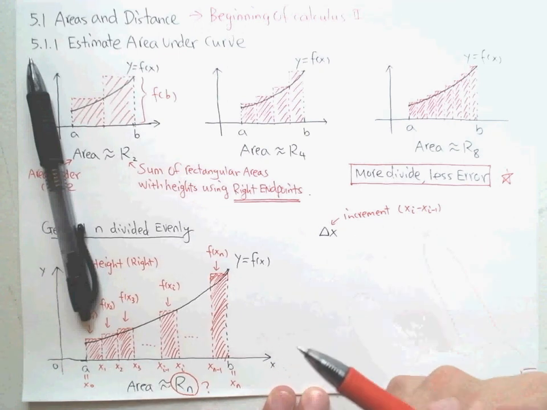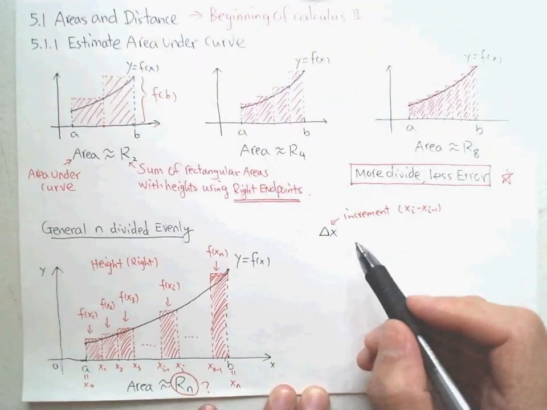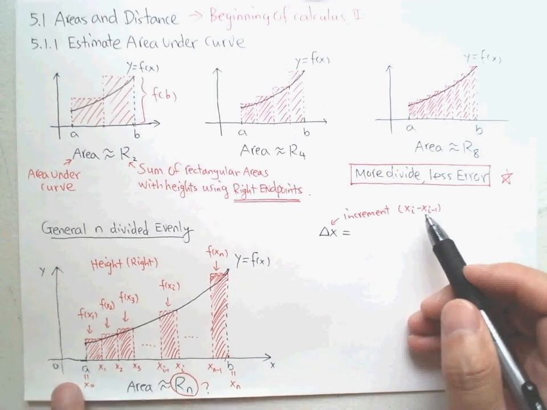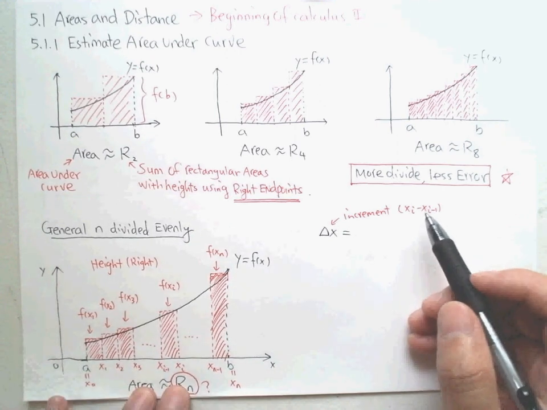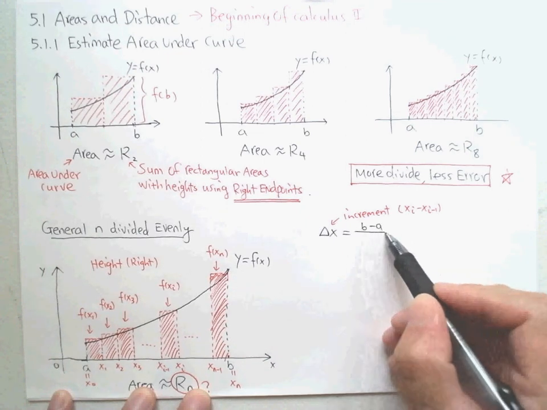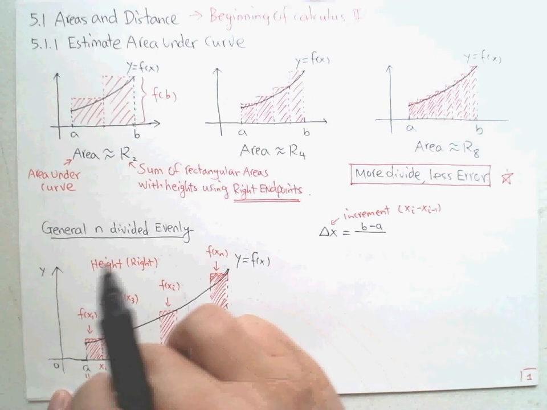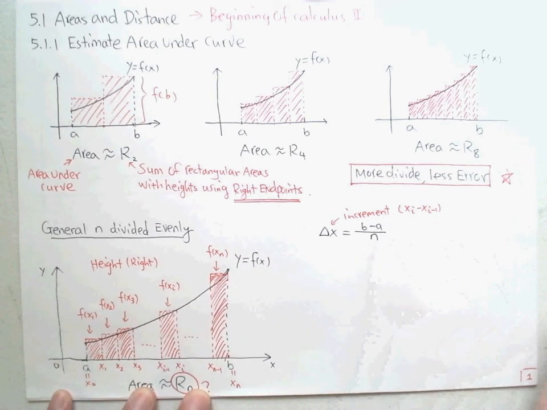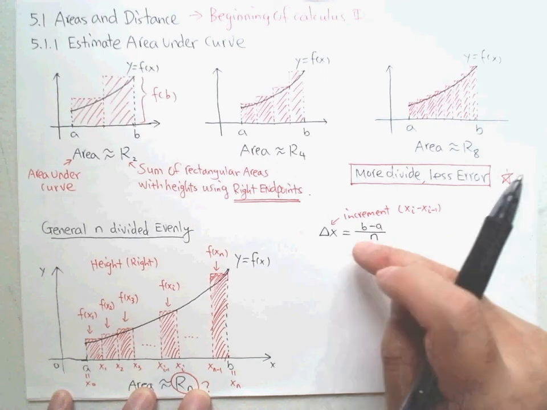How do we find this? It's easy. The total distance is b minus a, so we use b minus a divided by how many rectangles, how many widths? n. So delta x is (b minus a) divided by n. We know b, we know a, we know n, so we know delta x.